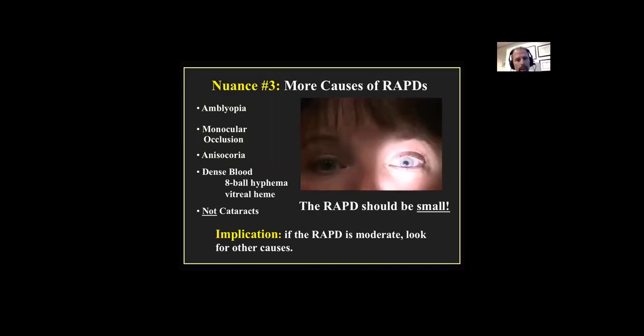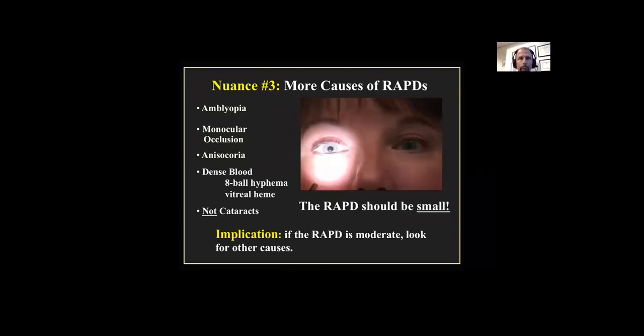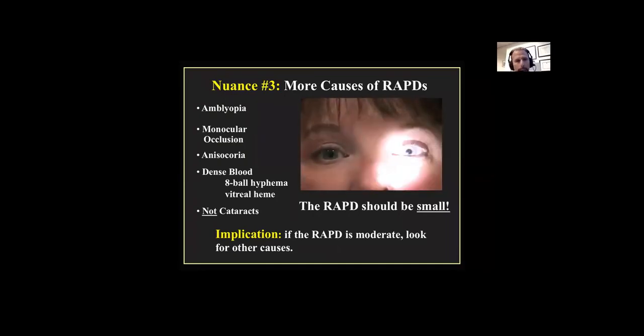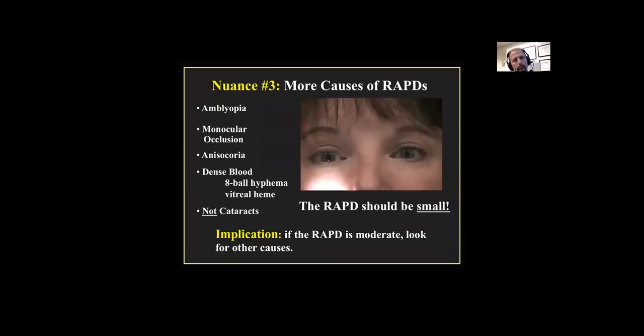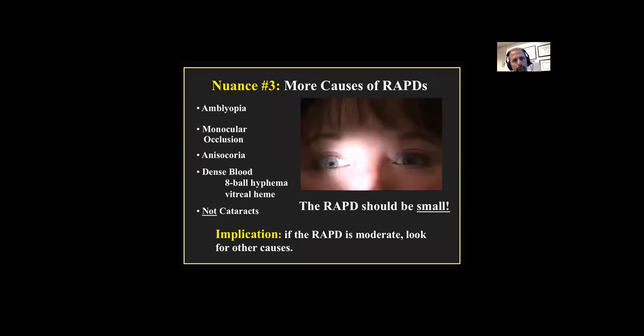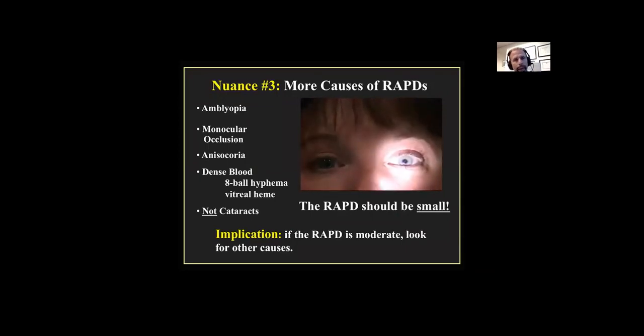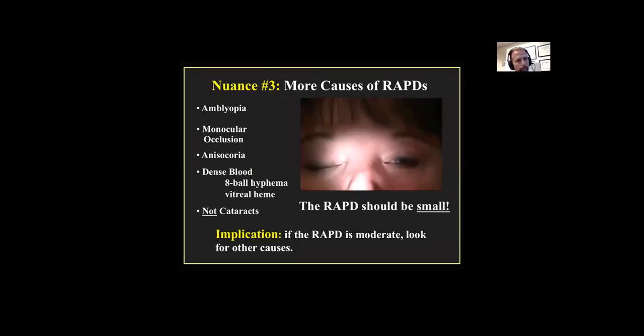Big time anisocoria, not, you know, 1 millimeter, 2 millimeters, 3 millimeters, huge anisocoria. Why? Because the pupil, the aperture, the area is pi r squared, right? So a huge pupil compared to the other side is going to let in a bit more light. And you can see a very small APD.